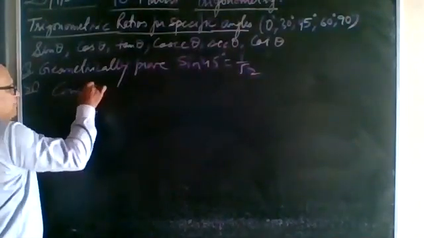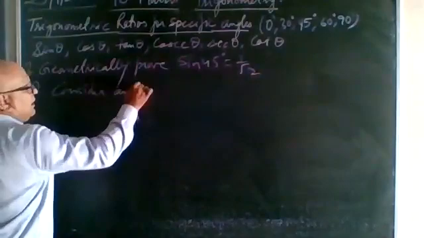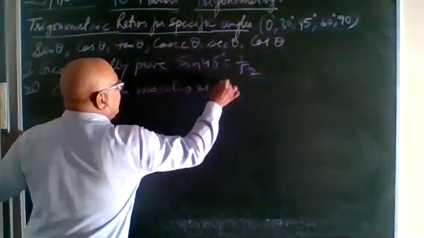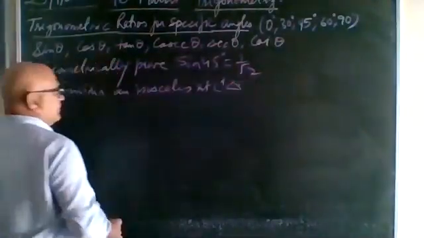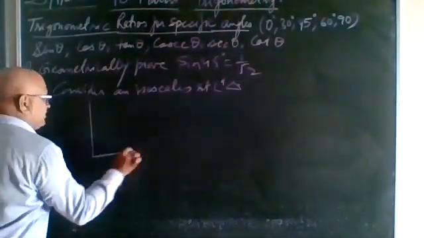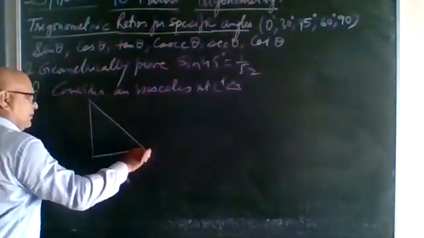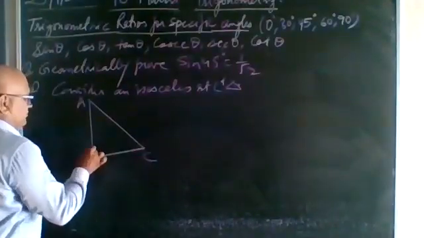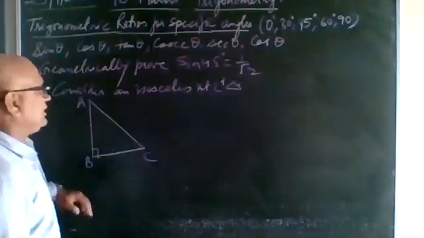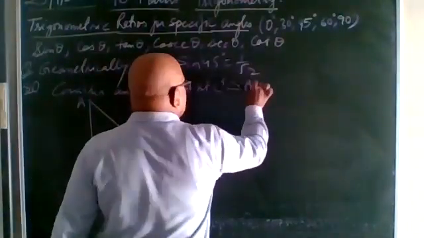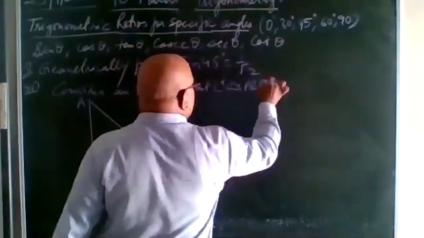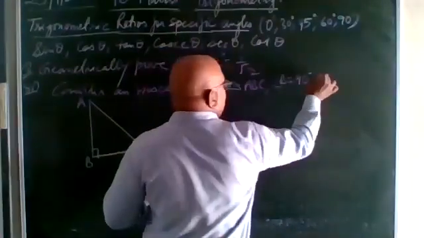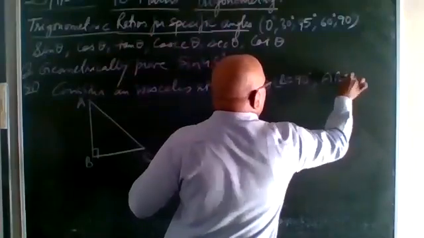Consider an isosceles right angle triangle ABC, angle B 90 degree, AB equal to BC.